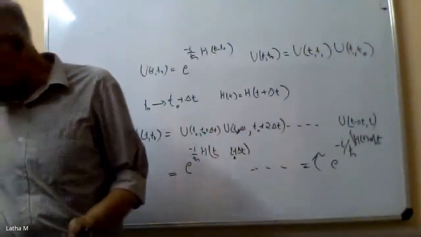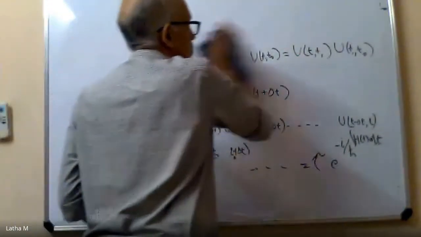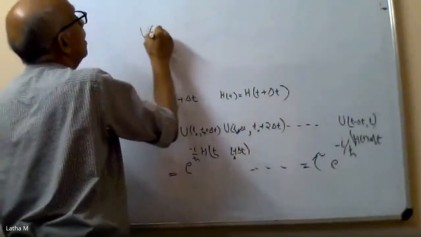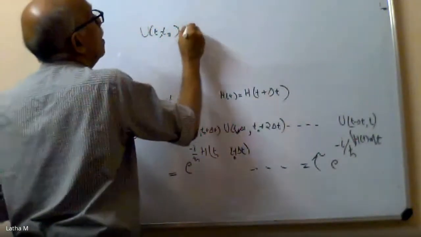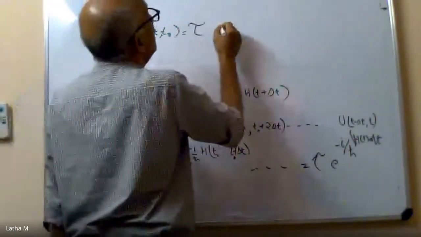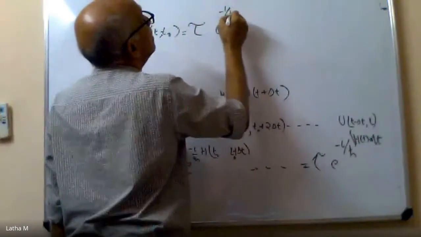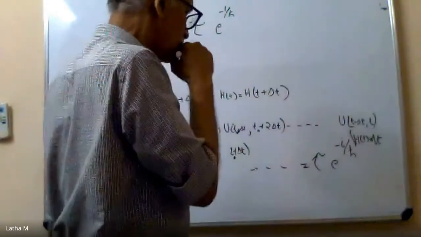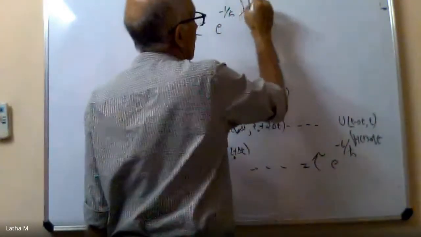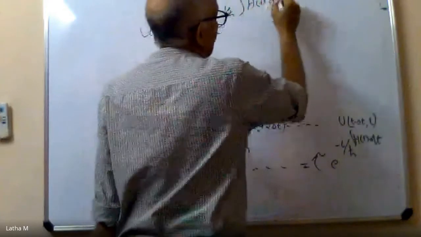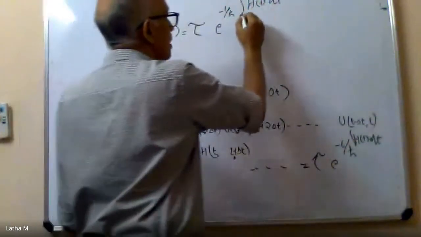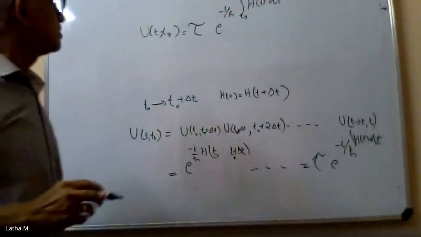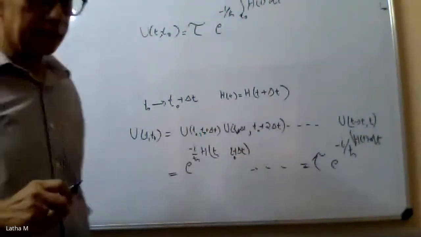That is, I can write the time ordered exponential of minus i by h cut times the integral of H(t) dt from t0 to t.